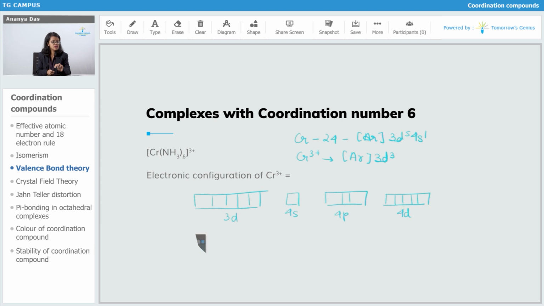Now let us fill in the electrons. In 3d there are only 3 electrons, and these electrons are not going to pair up because you already have 2 empty orbitals present on d, so there is no need for pairing up. And you have 6 NH3, so the orbitals which contain the lone pairs are going to overlap with the empty orbitals of the chromium metal ion.